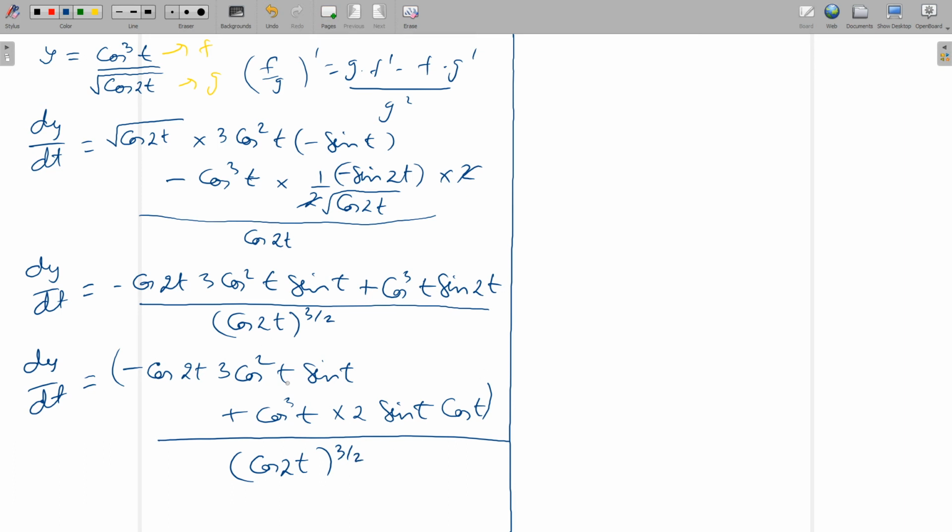Now in both terms we can see that sin t cos t is common, so we'll take it out.